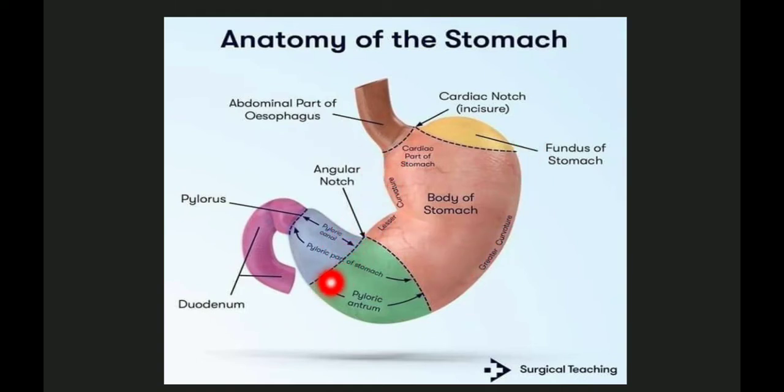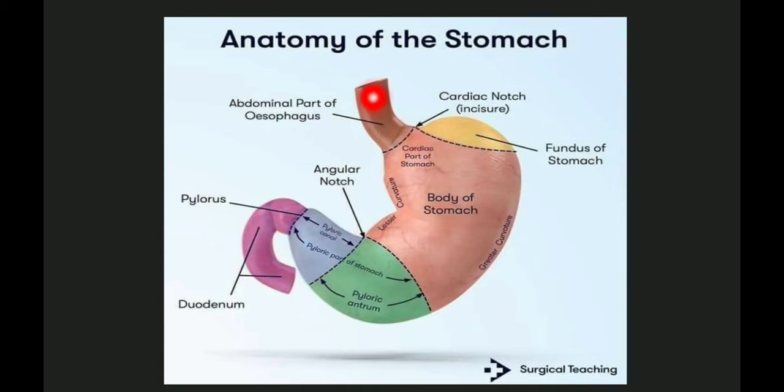The pyloric region is divided into two portions: pyloric antrum and pyloric canal. There is an angular notch, and this is the pylorus, and then it enters into the duodenum through the pyloric orifice.